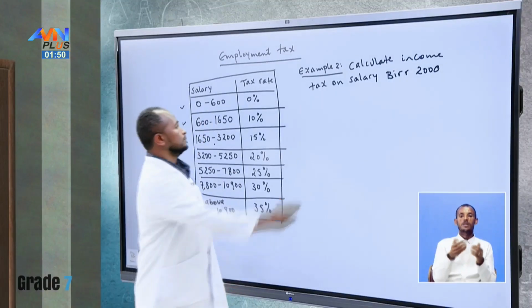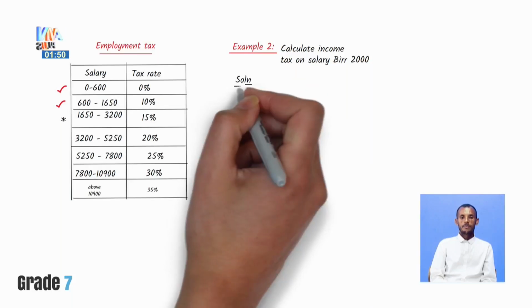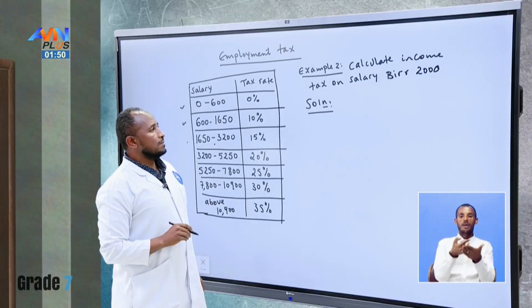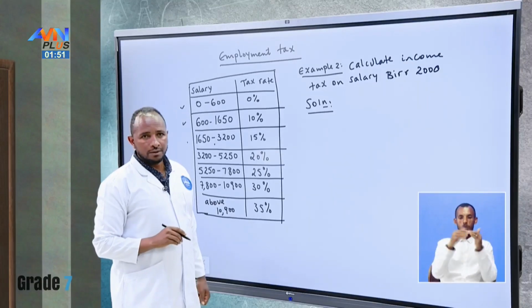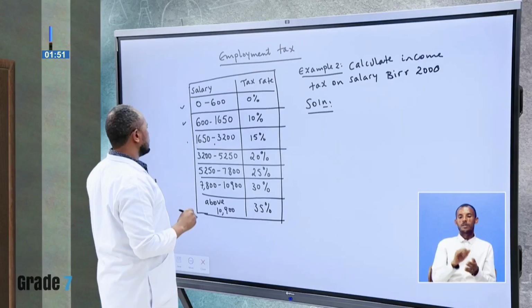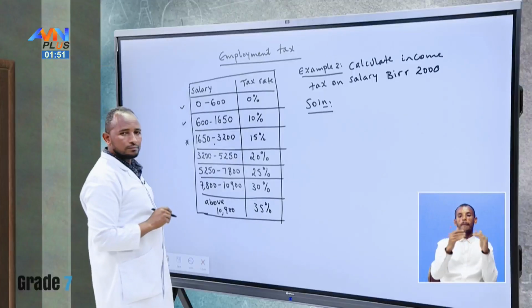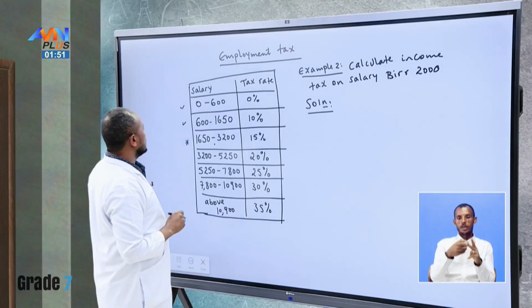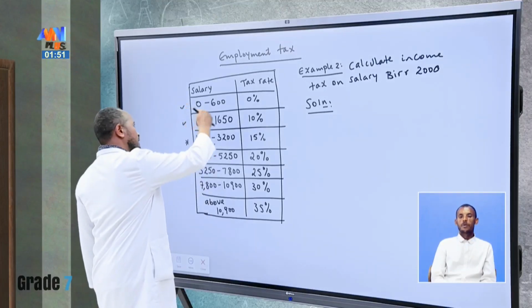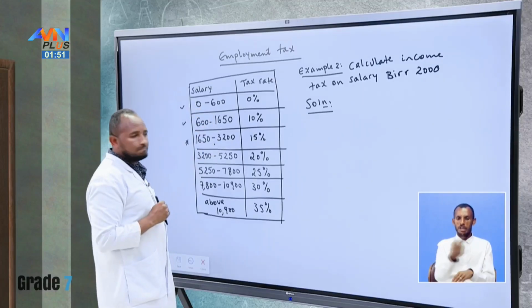Look. Here, the income is 2000 birr. It falls on the third interval, on this interval. So we calculate the income tax on each interval.